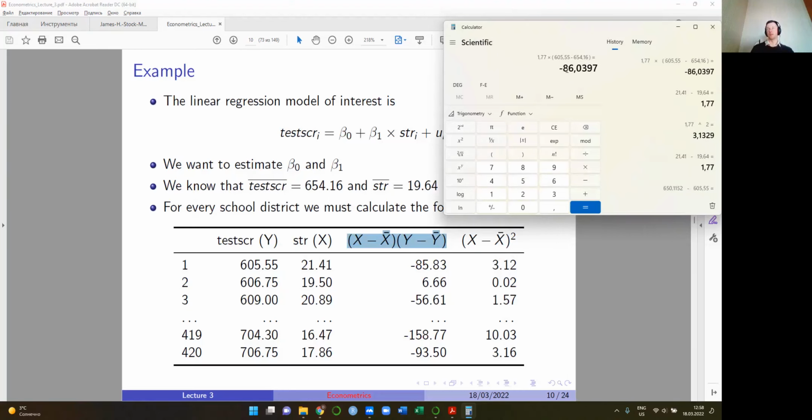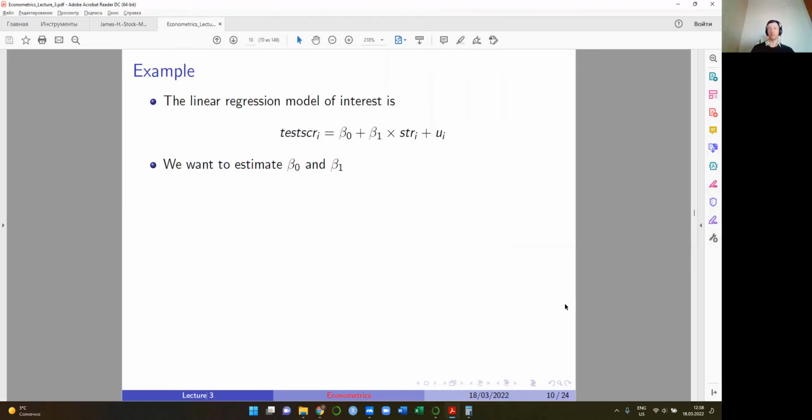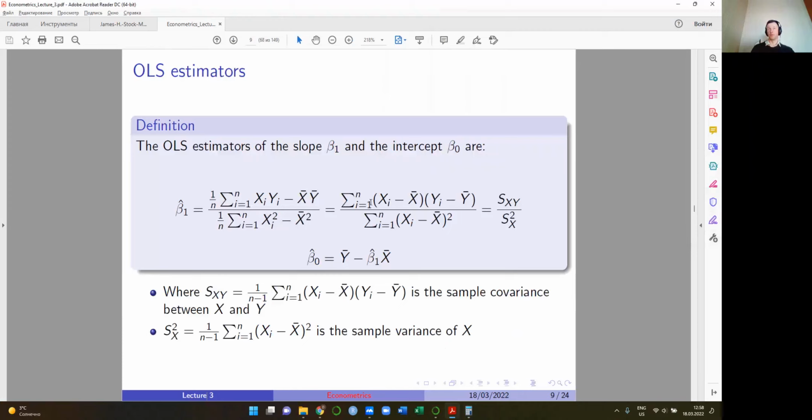And this is the result, minus 86. Here it's minus 85.83, again because of the rounding. Maybe there is some harsh rounding, I don't know. And we calculate these values for every district. Why do we want this? Because then we want to sum them and divide by the sum of the other column.